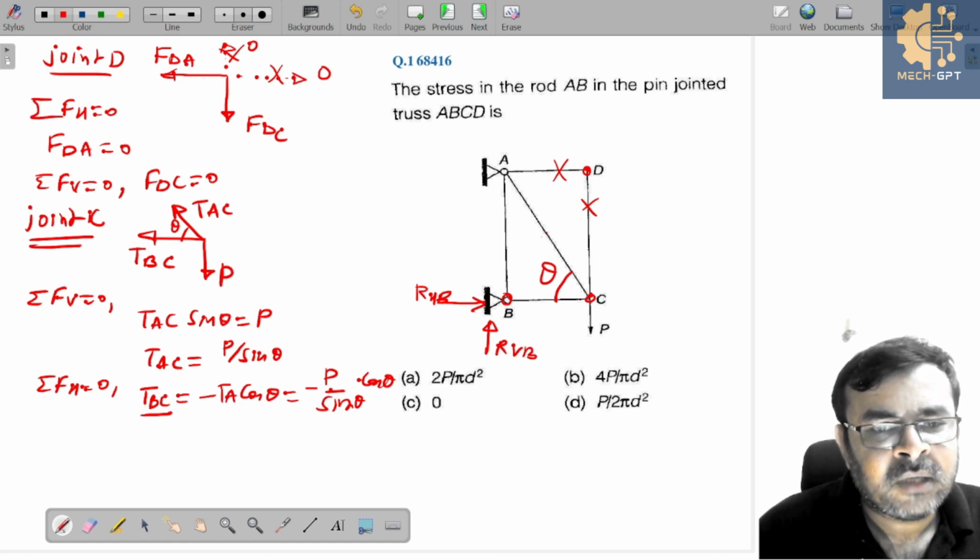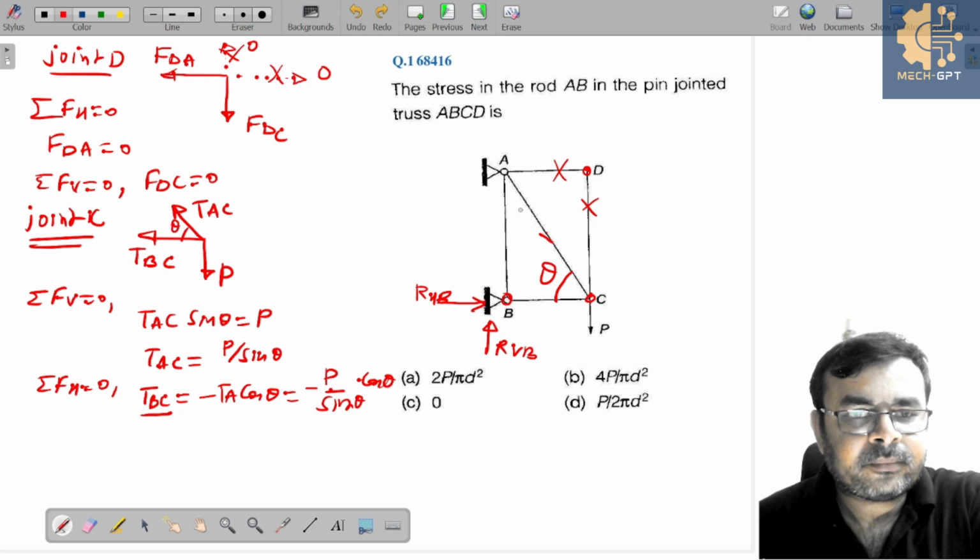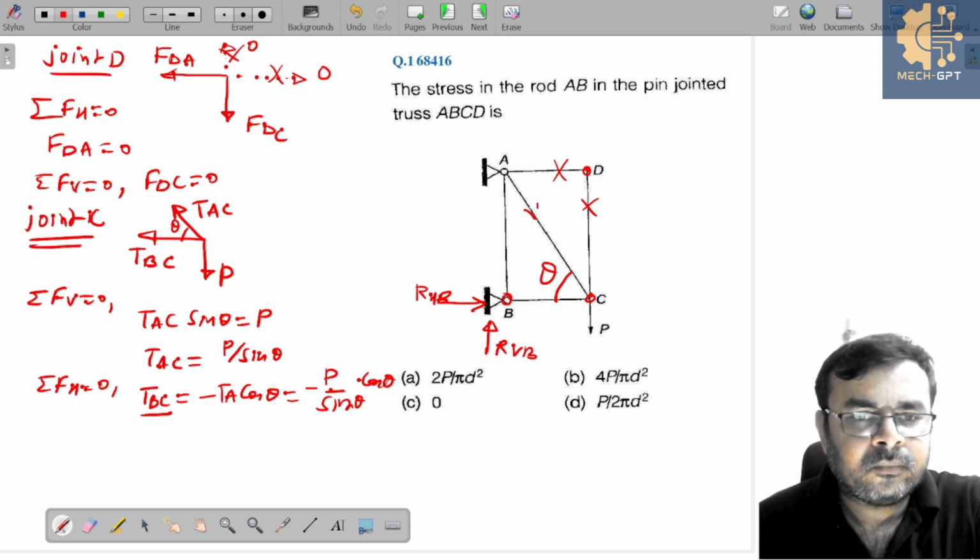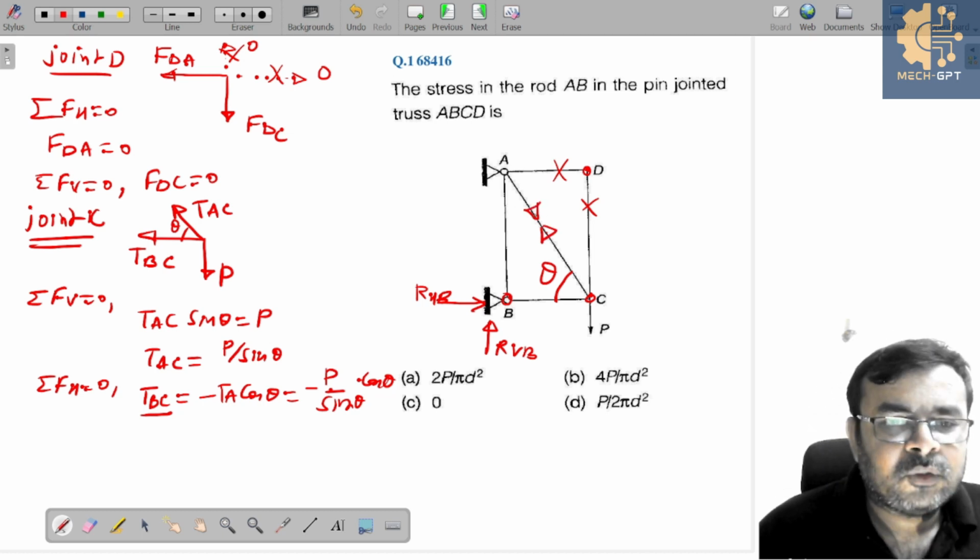Yes or no? And tension is always represented towards the joint. Yes or no? Correct. So if this force is acting like this, its component is acting downward, so the reaction must be acting in the upward direction. Yes or no? Can I say like this?